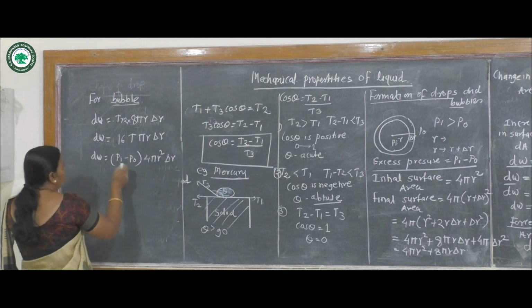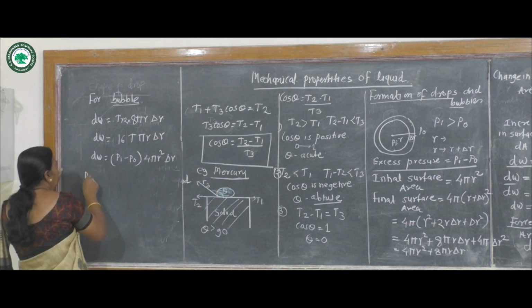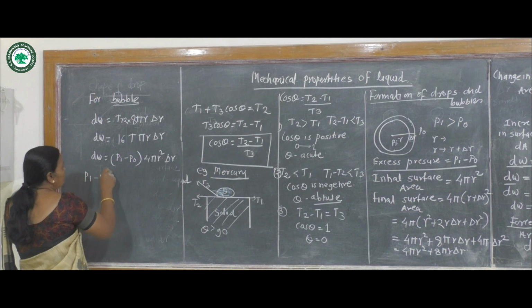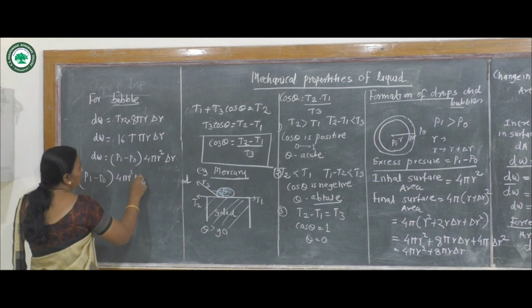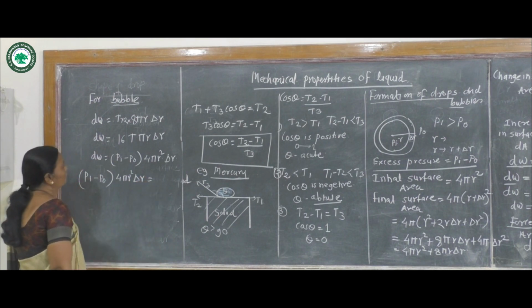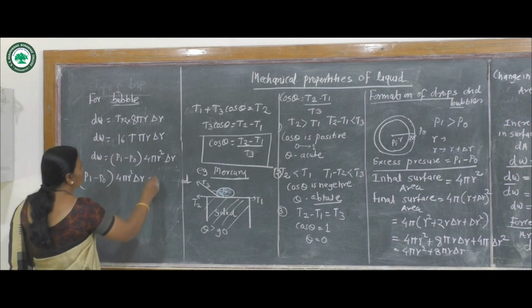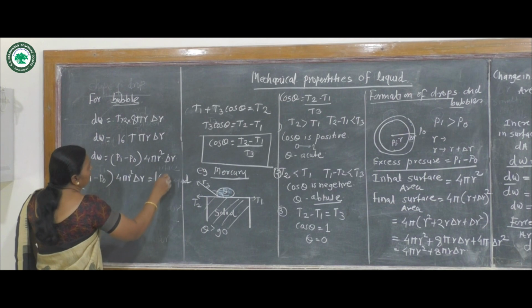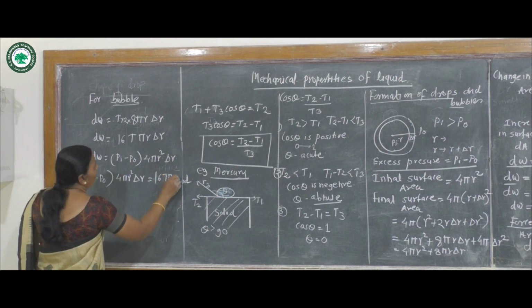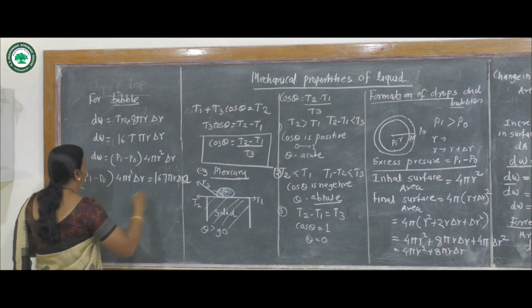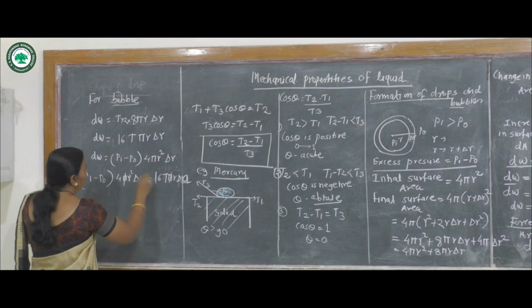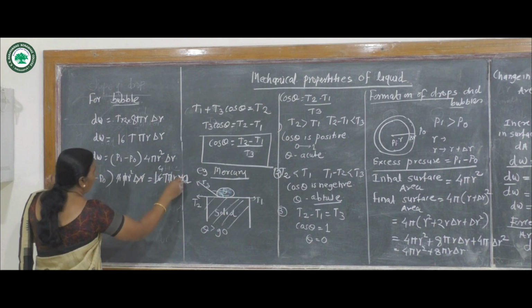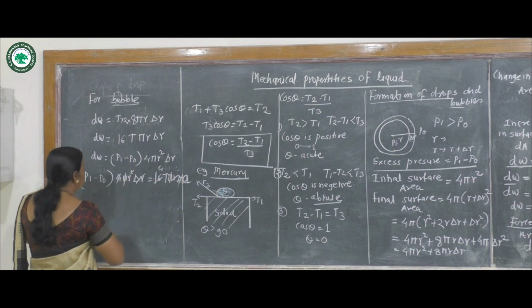Considering these two equations, we equate them: Pi minus P0 into 4 pi R square delta R is equal to 16 T pi R delta R. Which terms cancel here? Pi gets cancelled, 4 cancels, delta R gets cancelled, and one R gets cancelled.